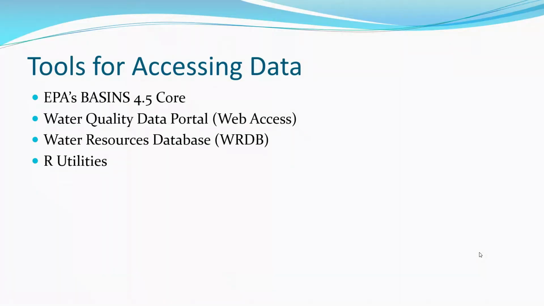The tools for accessing data that I'm going to be discussing today are EPA's BASINS 4.5 Core, the Water Quality Data Portal, which is a shared web access between USGS, EPA, and USDA, the Water Resources Database, which is a public domain database tool that has the ability to download and process data, and then some simple R utilities that we use typically to download data.